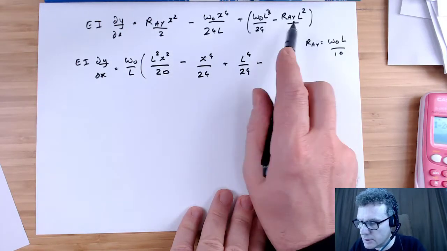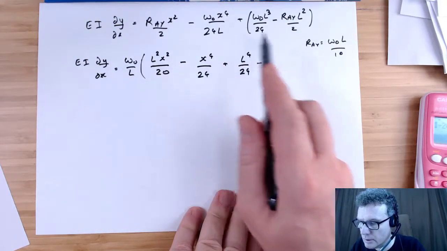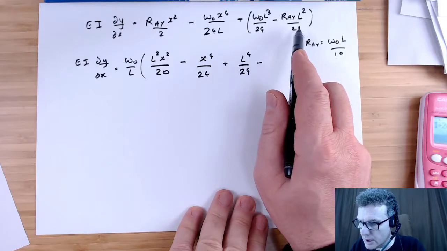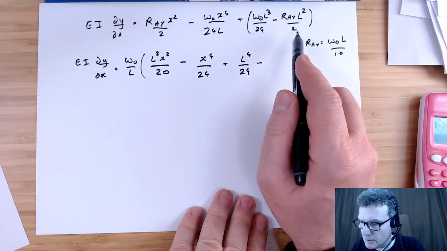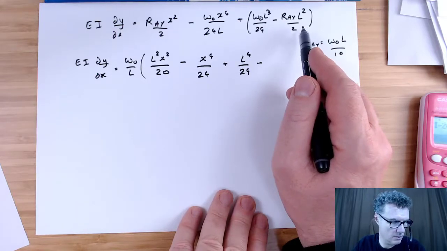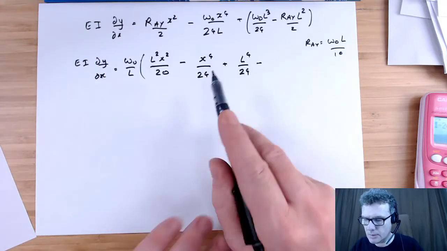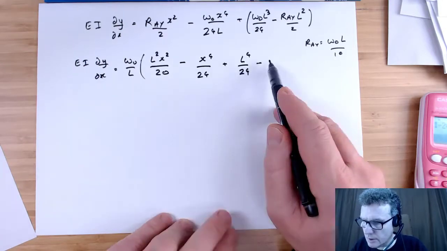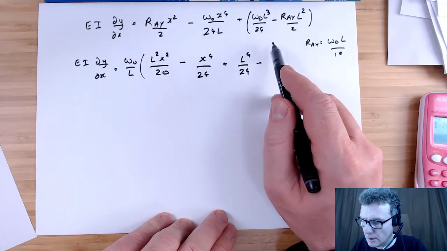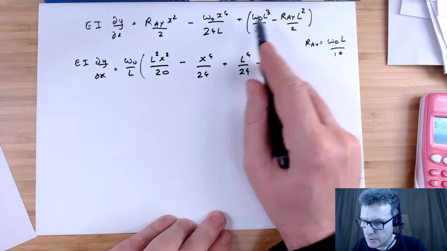Right, take away this. Now substitute this in here, so we've got W0, so that's going to go out, and that becomes L to the power, I must have done something wrong here. Oh yeah, because I'm taking out L's there, so yes, that's where that's coming from.